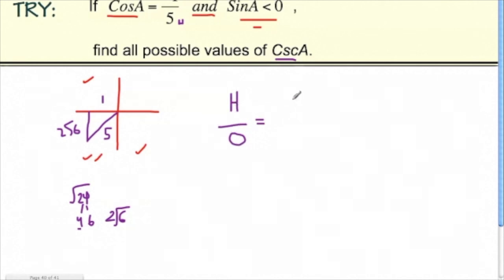It's 5 over the opposite, which is 2 root 6. Now I have to make sure I check the CAST rule because you don't want to miss your positives and negatives. Add sugar. I'm in the tan quadrant, and this is a sine question, so just put the negative on top, and you're done. And that's the end of Learning Guide 5.